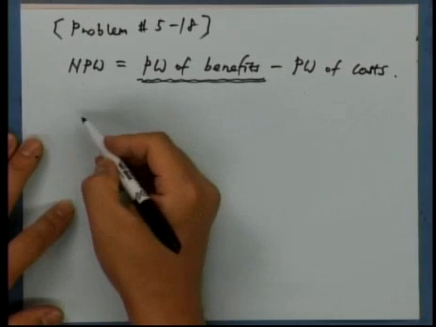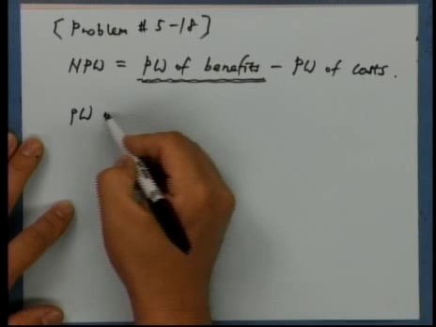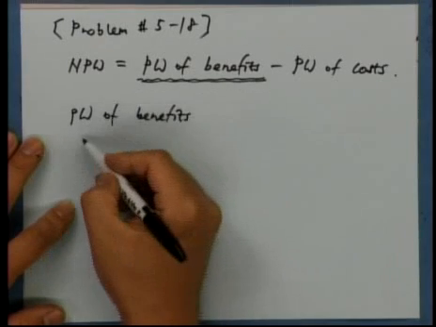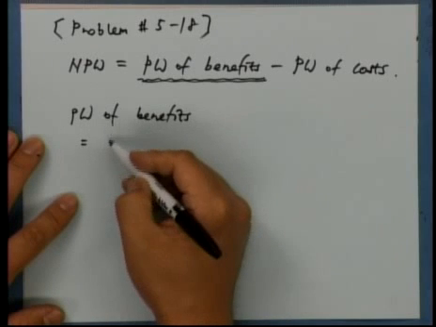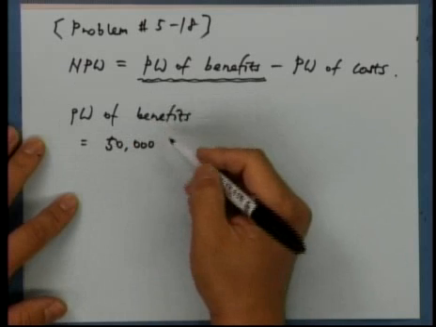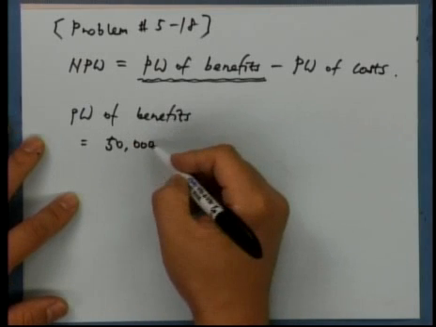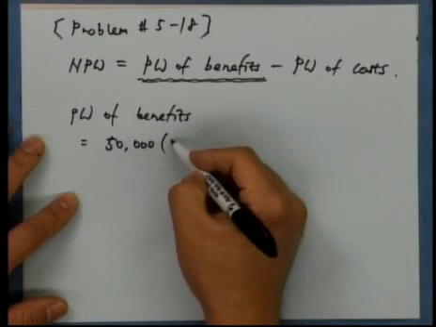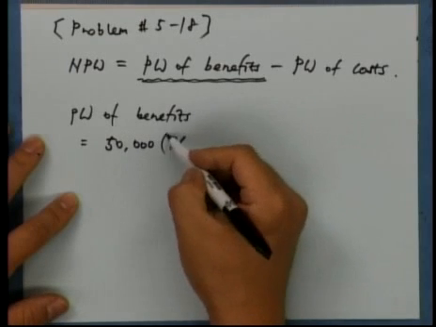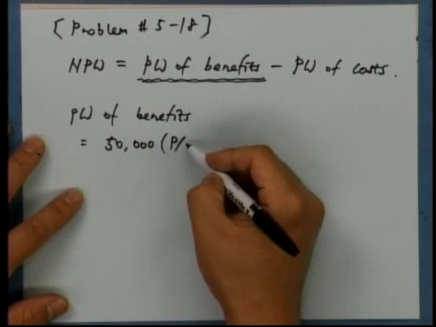So the present worth of benefits would be $50,000 annually, so it can be converted to the equivalent present sum.